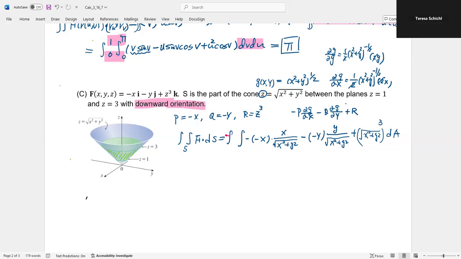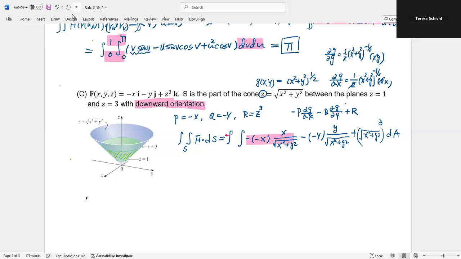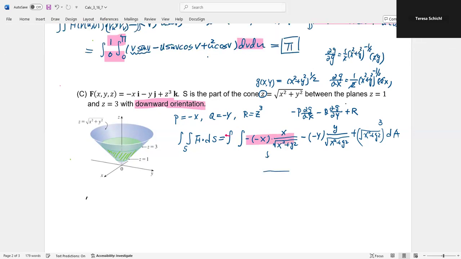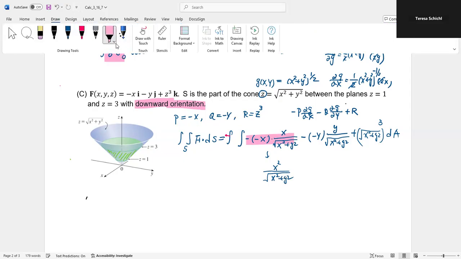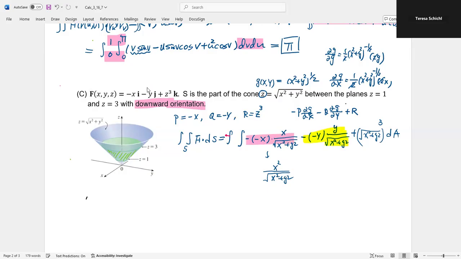Let's simplify this a little bit. This term is a negative times a negative, so it turns out to be positive. This gives x squared over the square root of x squared plus y squared, and the same for y squared.